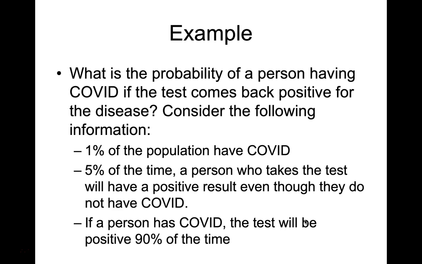That happens 10% of the time. 90% of the time, a person who has COVID-19 will be registered as having COVID-19 by the test, but 1 out of 10 times, the test will register that the person does not have COVID-19 when in fact they do.